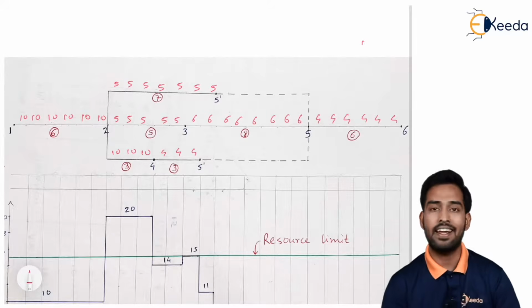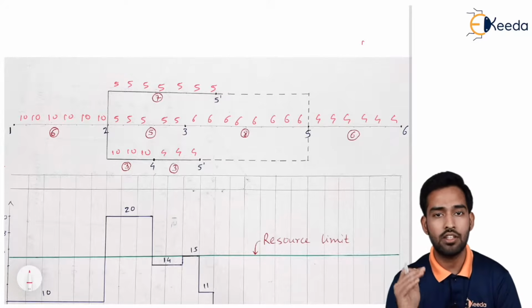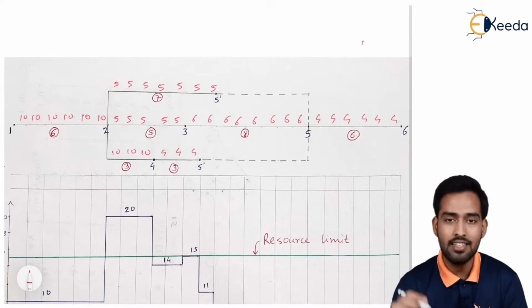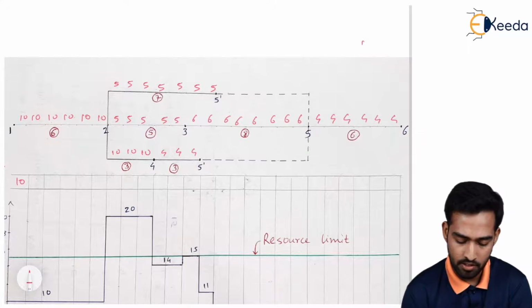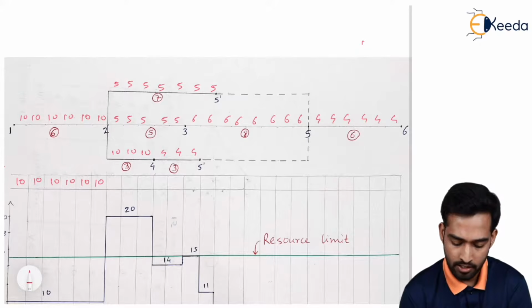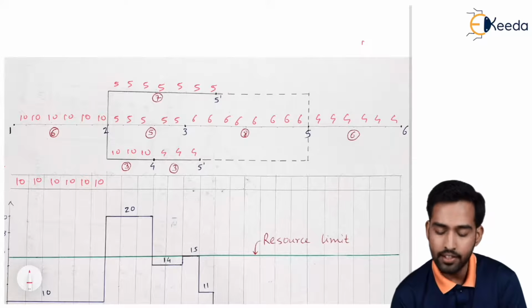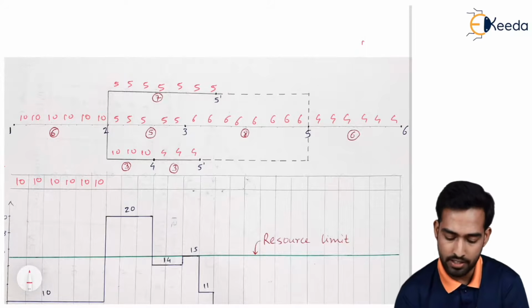This is each day. Now we have to calculate the total number of machines required each day. So how will you calculate? You just have to do the vertical summation of these lines. Over here, in the period starting from your first day, we require 10 labors. For the first 6 days we require only 10 machines. But from the second to the third activity, as you can see, 5 plus 5 plus 10 is 20.